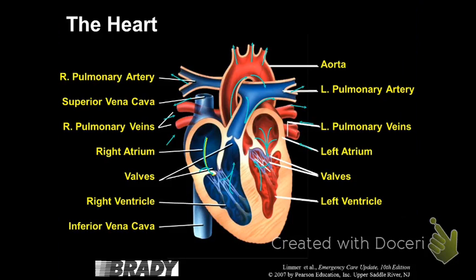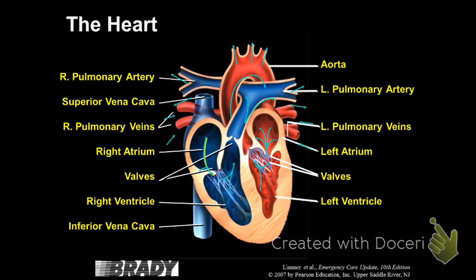Both atrium contract at the same time. The atrium contract in a downward motion. So when they contract, they push the blood down, both at the same time. The right and left atrium contract at the same time. So when the atrium contract, it pushes this blood through this first valve, the tricuspid valve, and you have the valves in that handout that I gave you, okay?